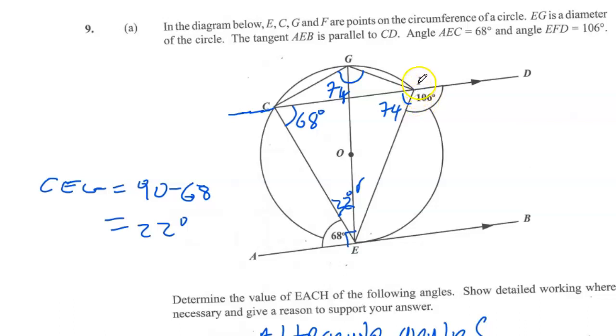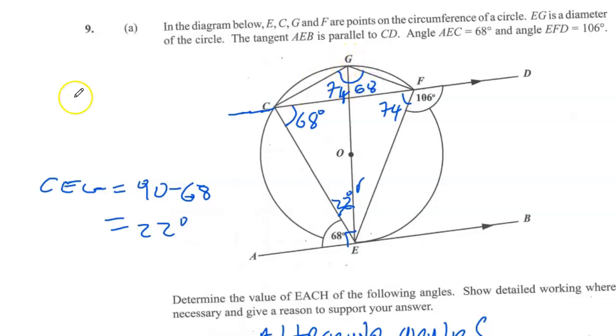Now you will notice the chord FE. An angle running from FE, from these two lines, F to C and E to C, is 68. Angles in the same segment FE, this would also be 68.